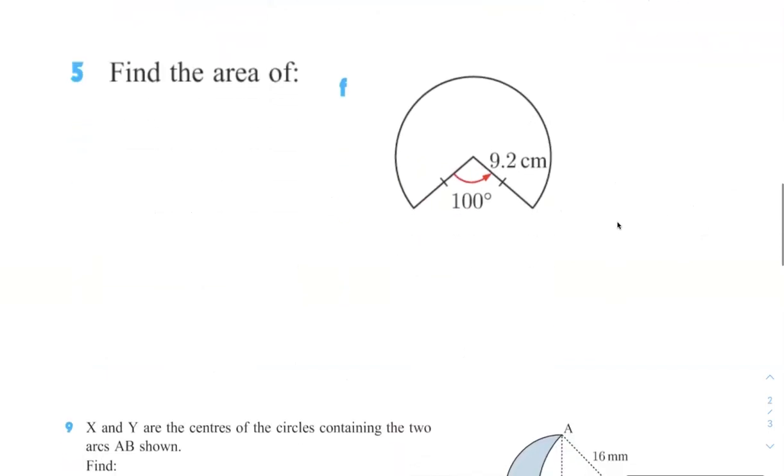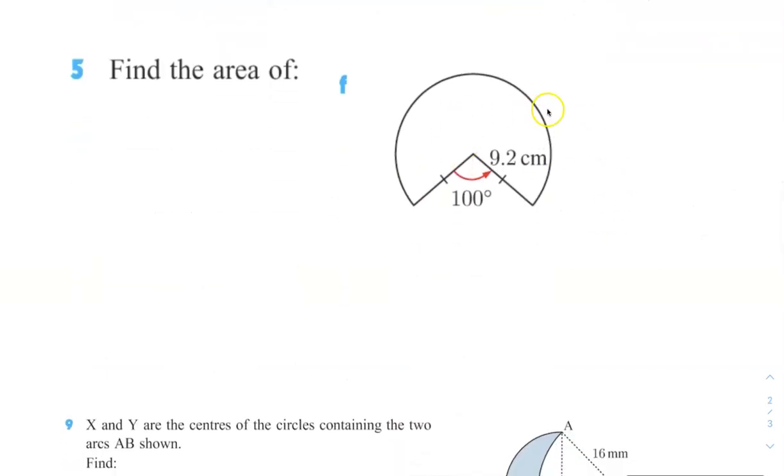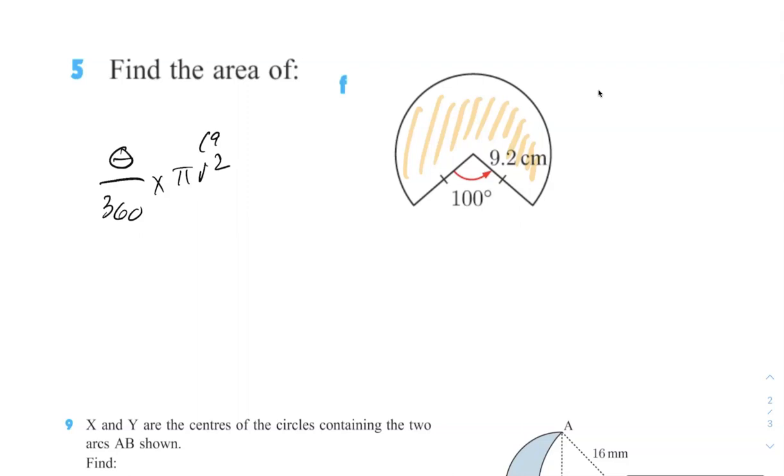Let's do another one. I want to find the area of this thing. Well, I think they mean specifically the area of this portion right here. So that's area of a sector. We want whatever portion of that circle we want times pi r squared. Now my r is 9.2 squared. The full circle is 360, and this part outside is 100. So 360 minus 100 gets me 260.